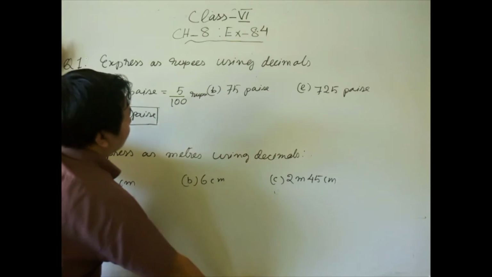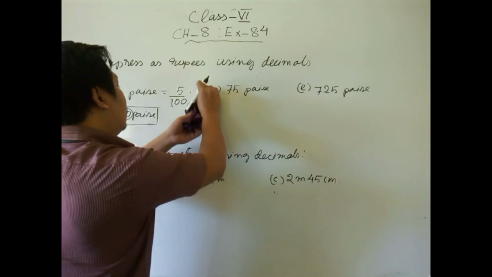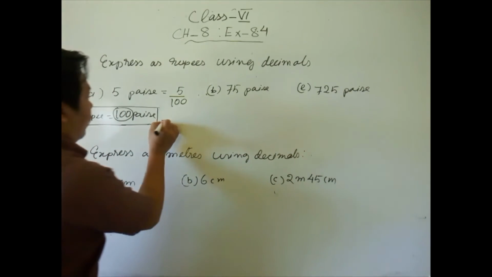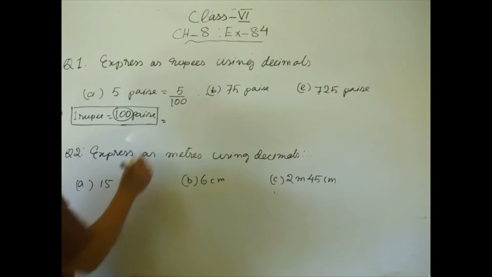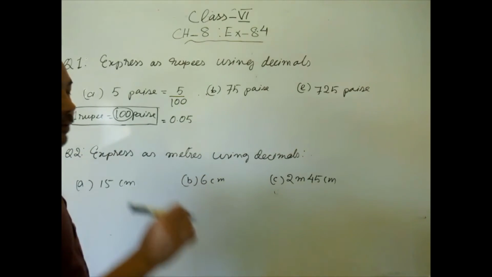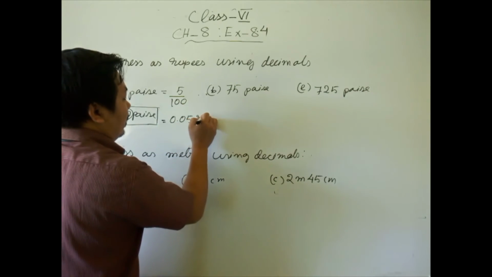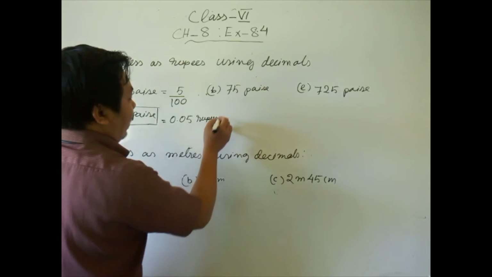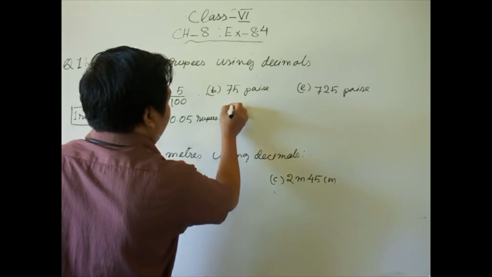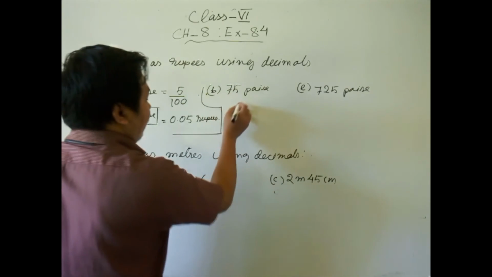It will become rupees. So 5 divided by 100 is 0.05 rupees. Next we have 75 paise.